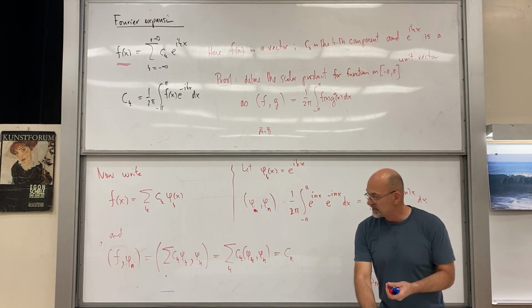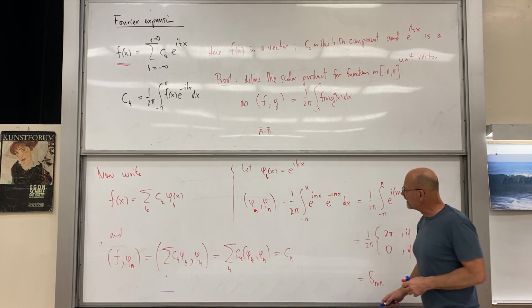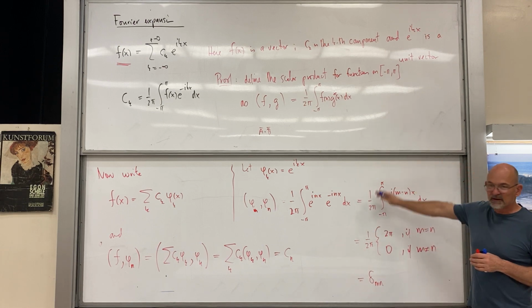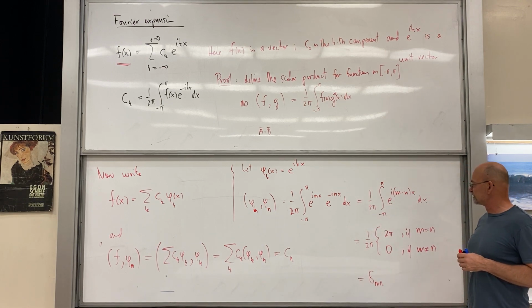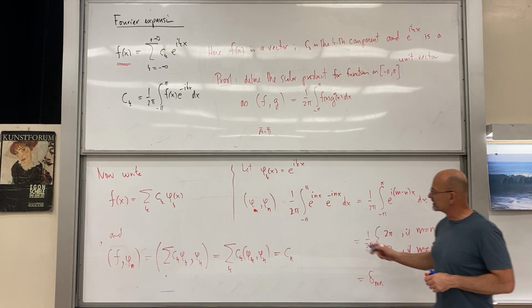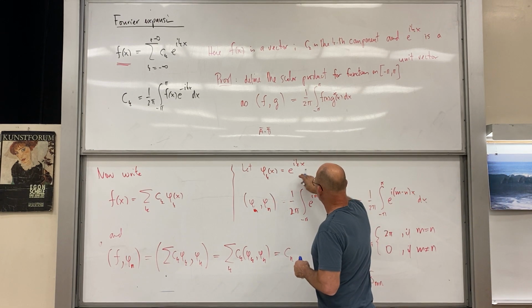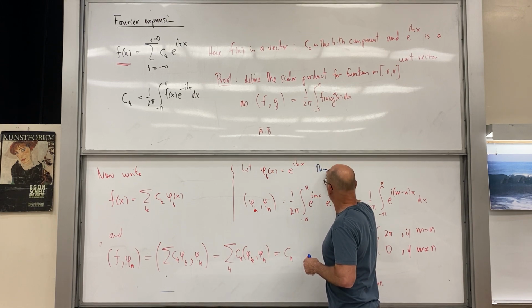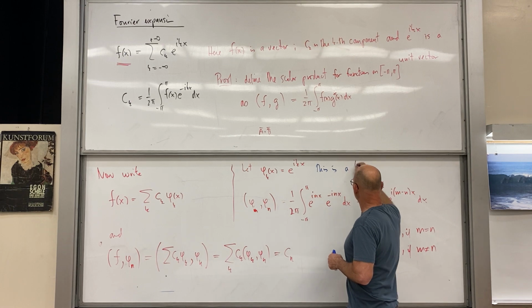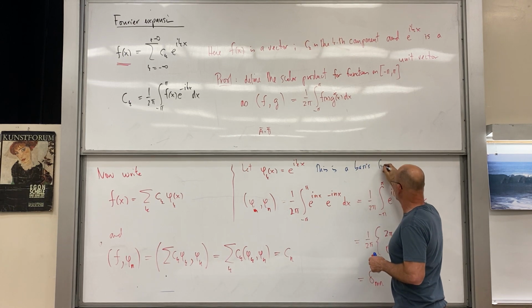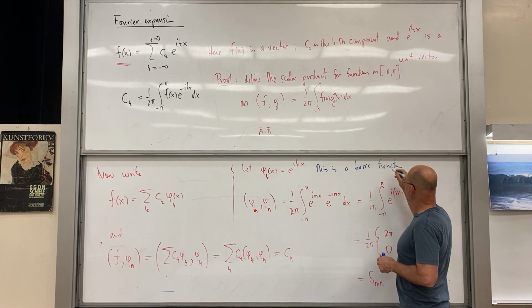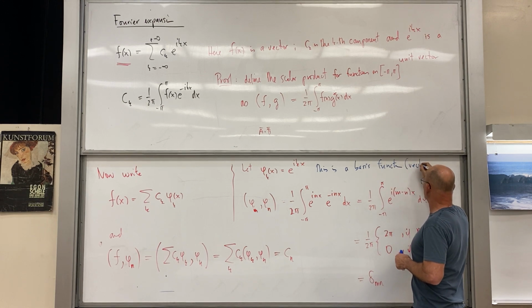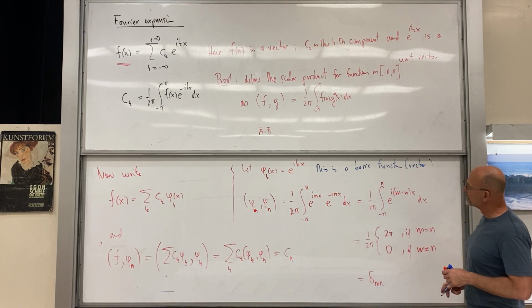Okay, maybe I'll put, well, I said it. You guys leave some room and fill in some words on what we just did here. Well, for example, I did this. So this is a basis function, which is to say a vector, basis vector, basis function.